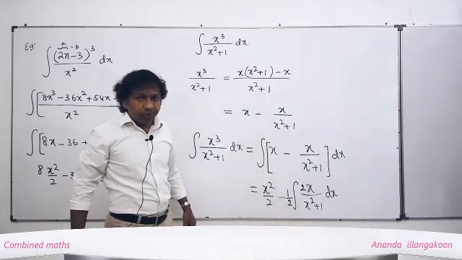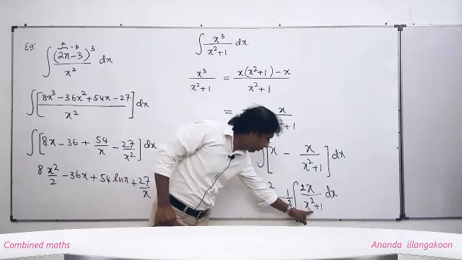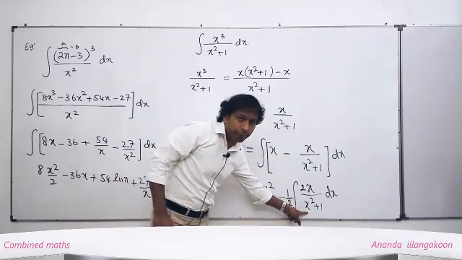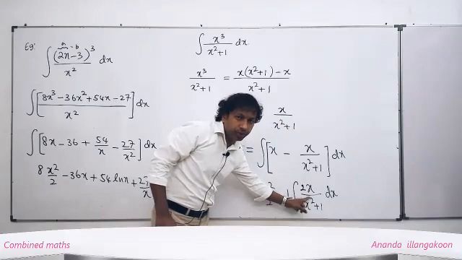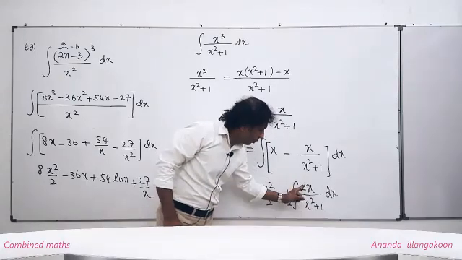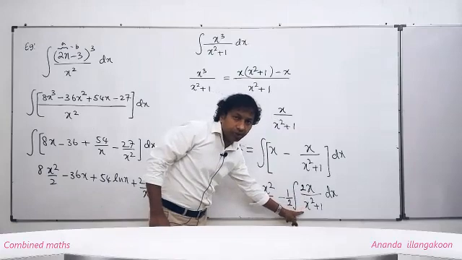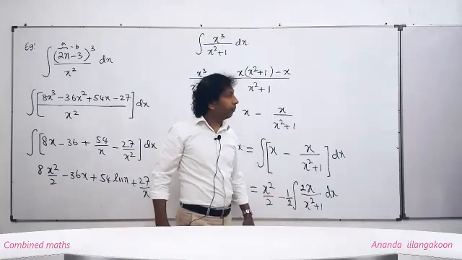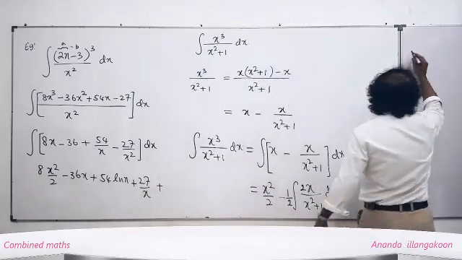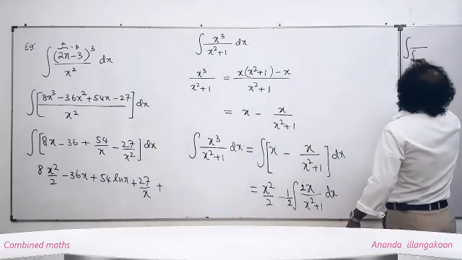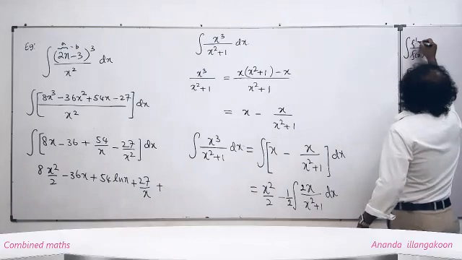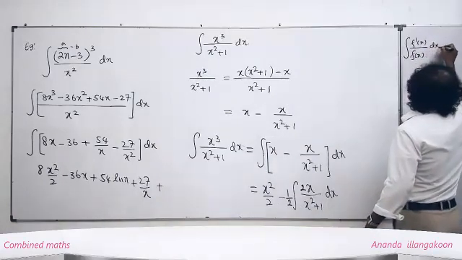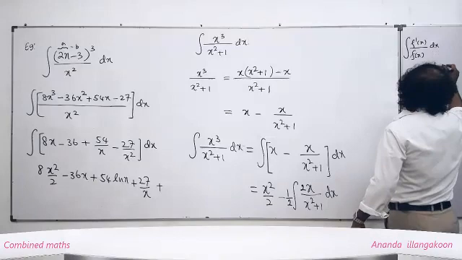By doing so, you can see, people, when you differentiate this x squared plus 1, what we get is 2x plus 0. This 2x is coming. Then the derivative of the denominator is available at the numerator. Can you remember today we learned something like this? Integration of f dash x over f x dx. Then what is the answer here? ln modulus f x, no?